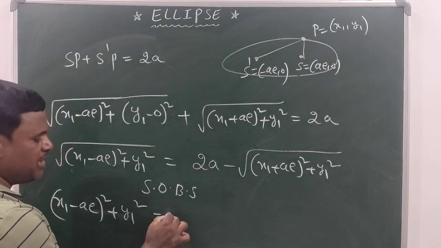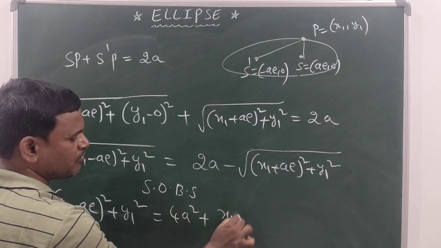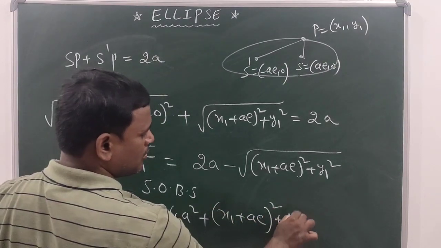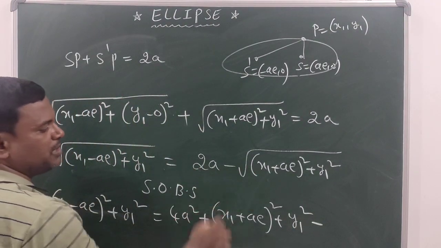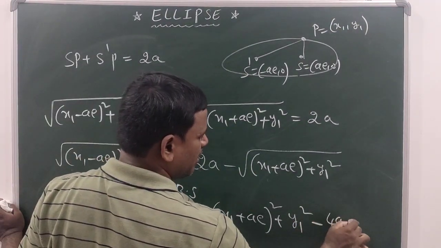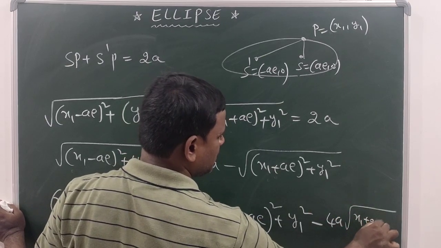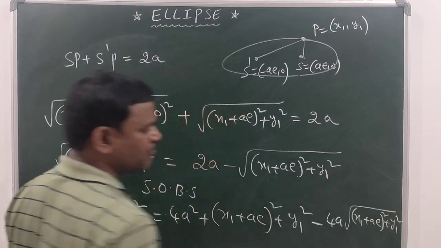You know whose expansion? a square plus b square minus 2ab. Minus 2ab means this is a, this is b, minus 4a of root of this one will come, x1 plus AE whole square plus y1 square.